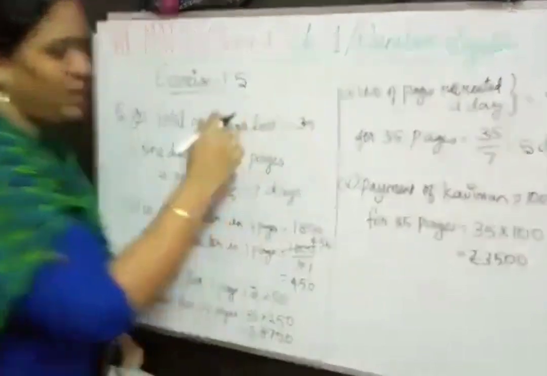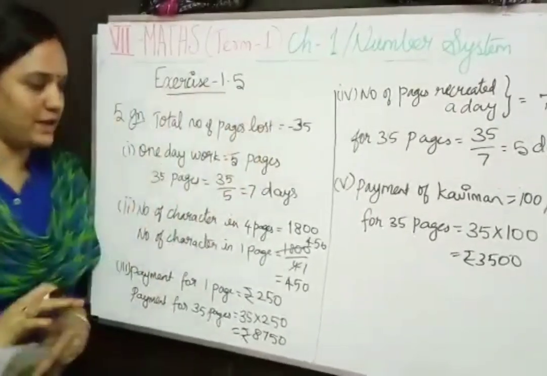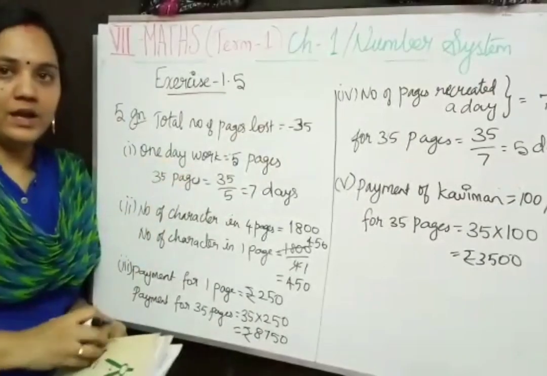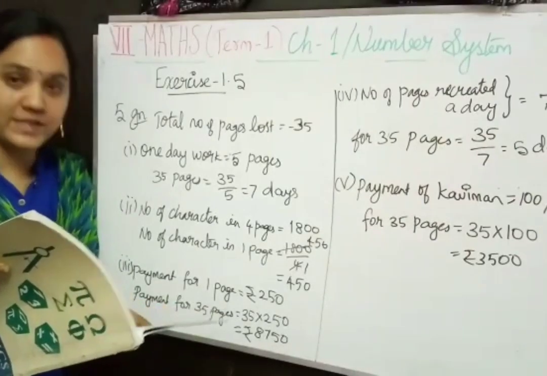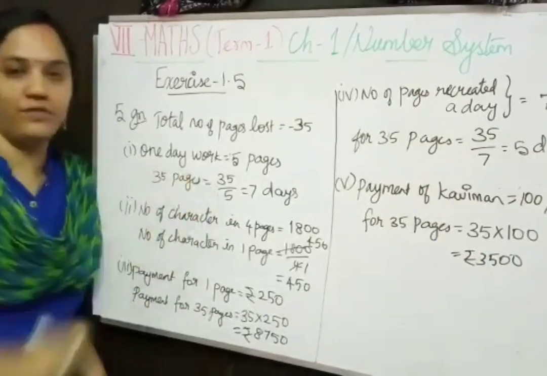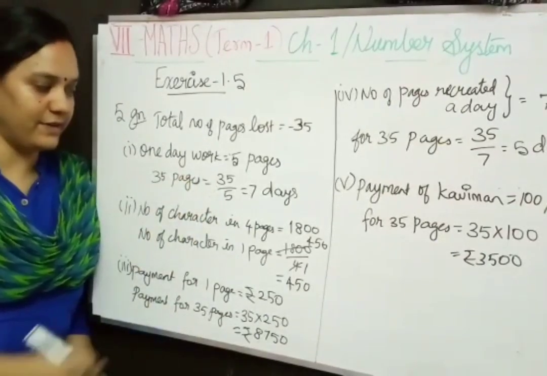See, he lost 35 pages. So we have written minus 35. One day he spent 5 pages. How many pages does he take per day? 5 pages. So for these 35 pages, they are asking how many days he lost. So we are dividing.